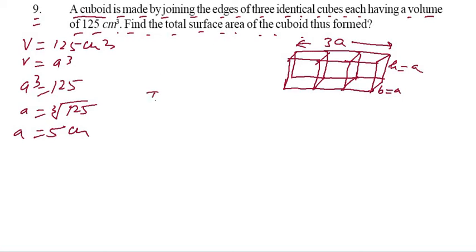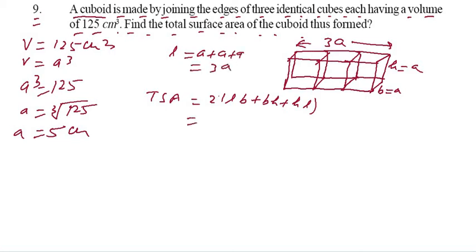So you can find the total surface area of the cuboid. So TSA is equal to how much? It is 2(LB plus BH plus HL). Now length becomes a plus a plus a, that is 3a. So you can put the value. L is 3 into 5, it is 15, and all the rest are 5, only L is changing.